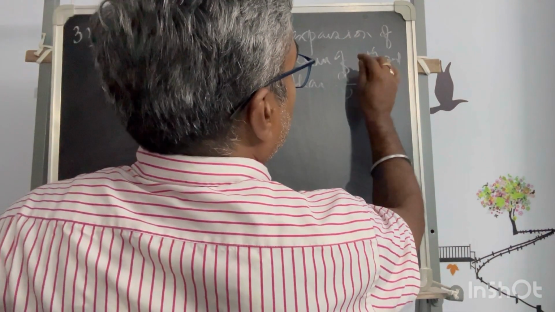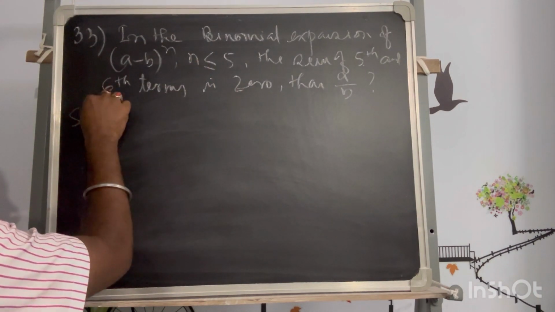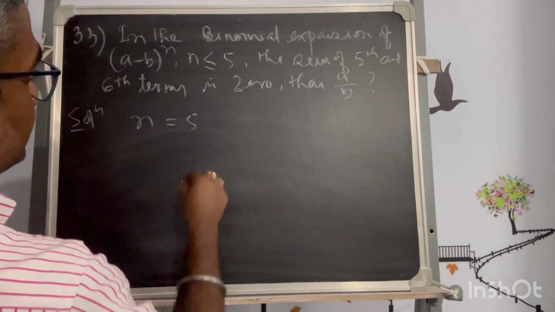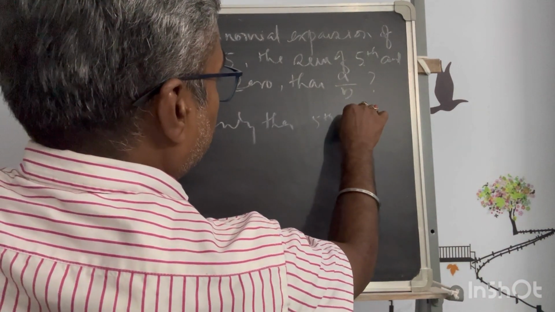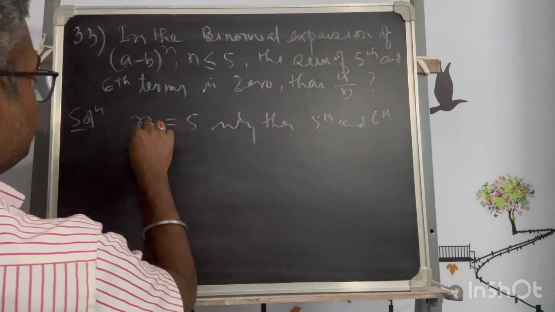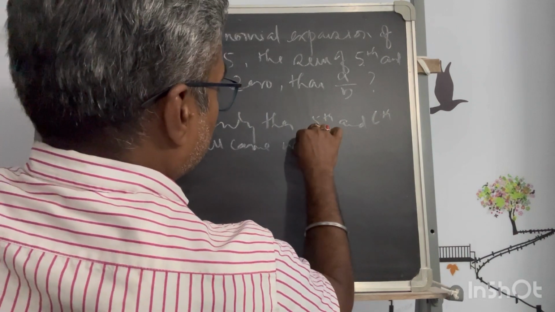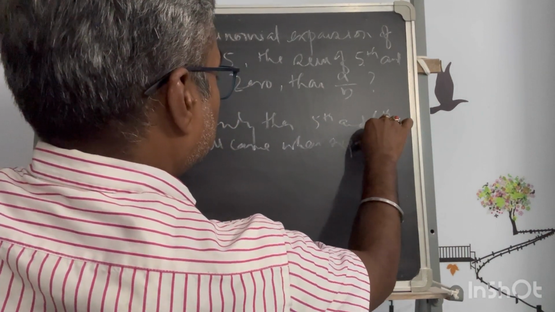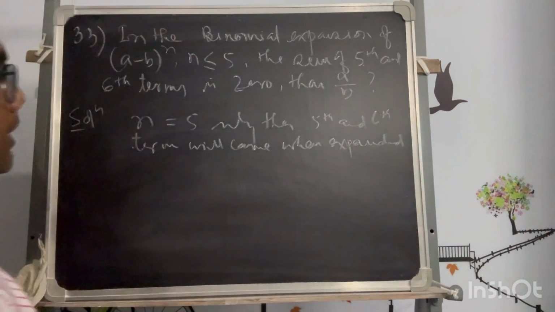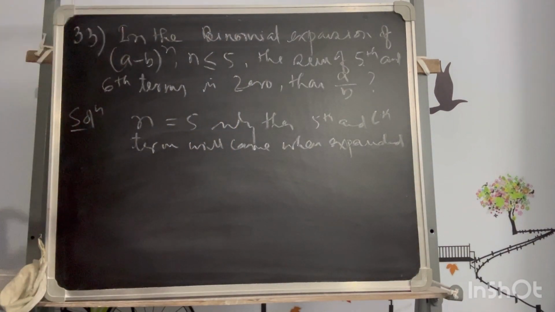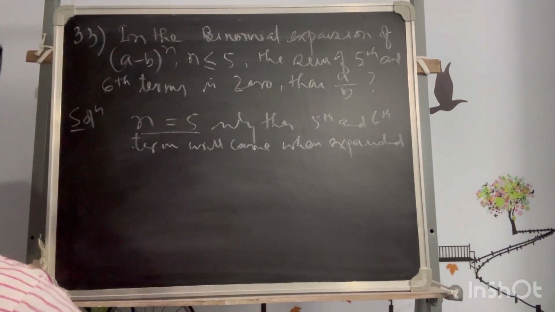So fifth and sixth term will only come if the n value is equal to 5, only then will the fifth and sixth term come when expanded, isn't it? Below that we will not get the fifth and sixth term. So we can assume that n is equal to 5.